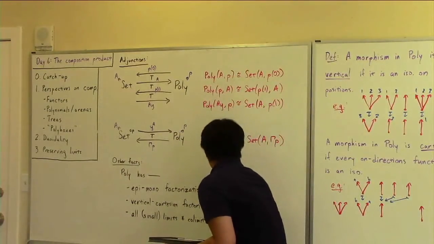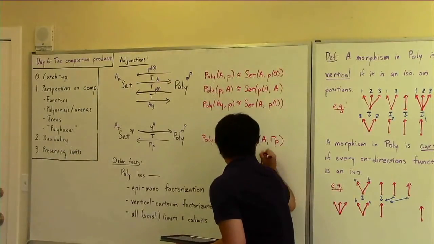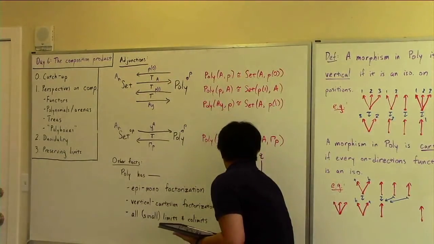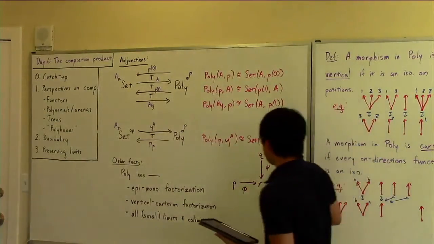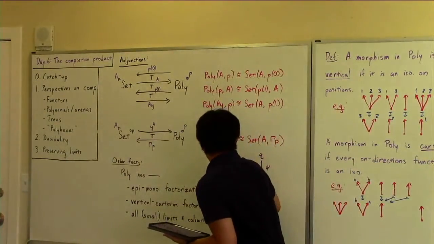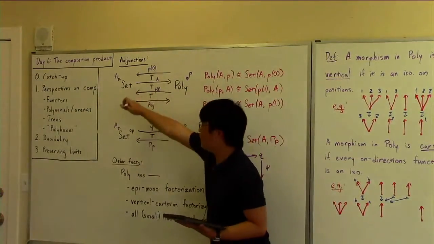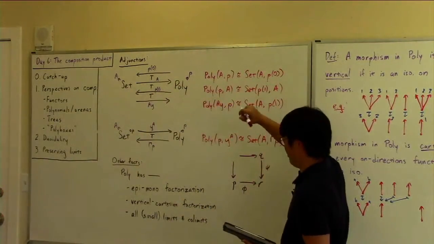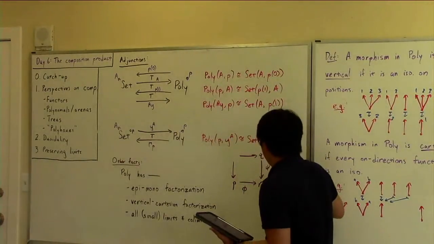So for example, if we have a polynomial p and a polynomial q mapping into r, let's call these maps phi and psi. As I mentioned, the p of 1 functor is a right adjoint, so it's going to preserve our limits.